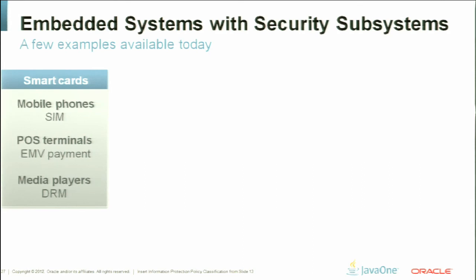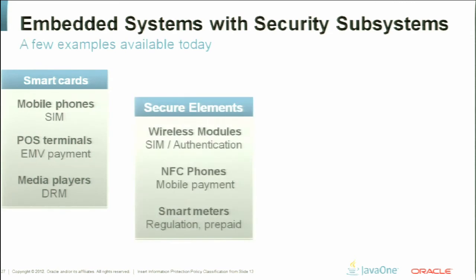The mobile phones, a lot of them use SIM cards, billions of them every year. The point-of-sale terminals store their secrets also on a removable smart card that is owned by the payment processor. And once again, on the media players, we get some smart cards for DRM, in particular for broadcast content.